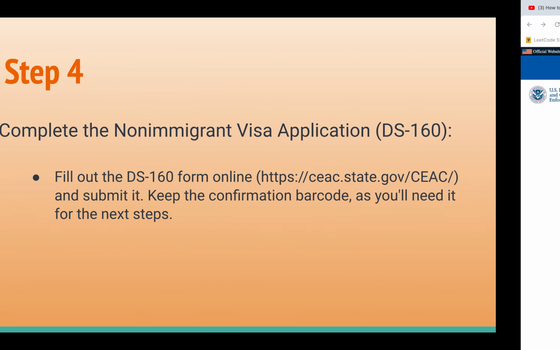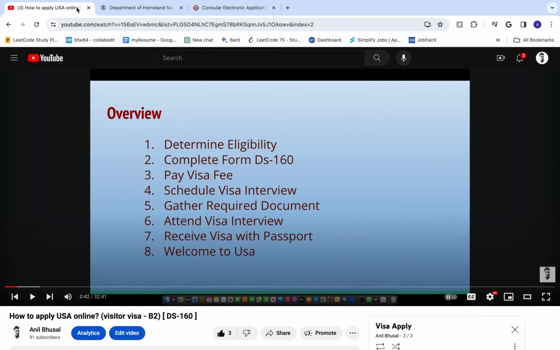So the complete video for that one is right here. I have how to apply for USA online visitor visa B2, where I have also filled out the complete form for DS-160. You can go and visit this video if you need any information from there.